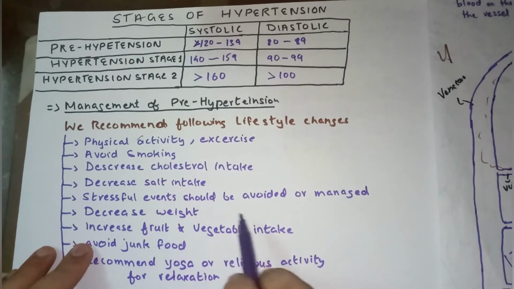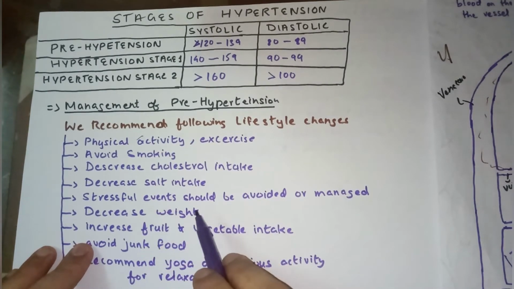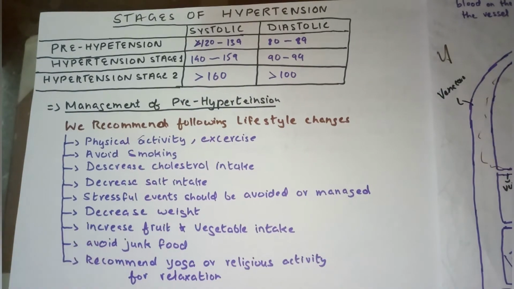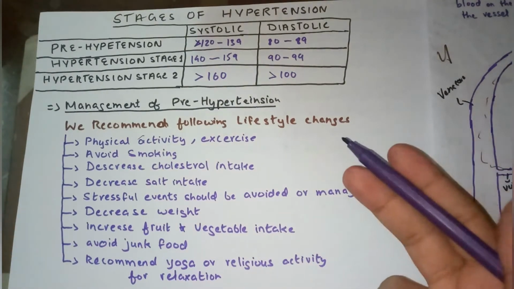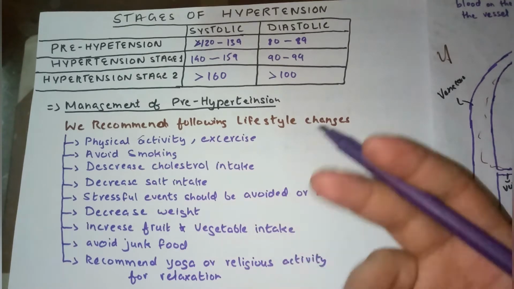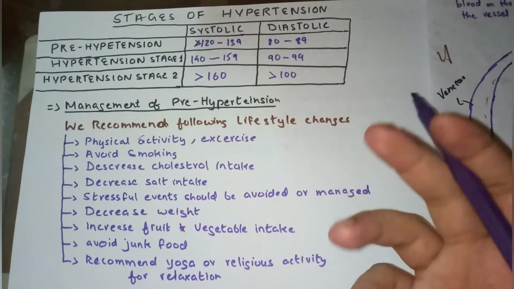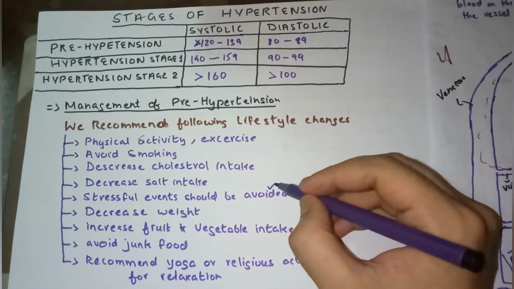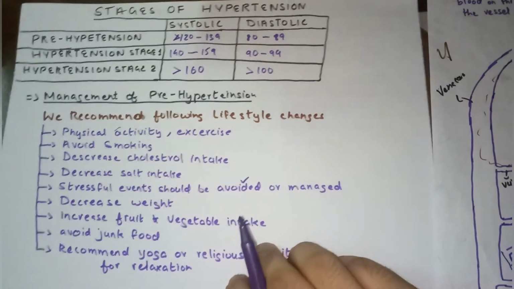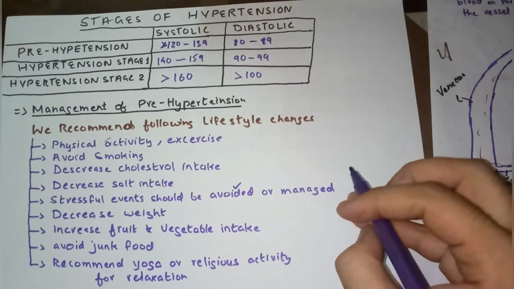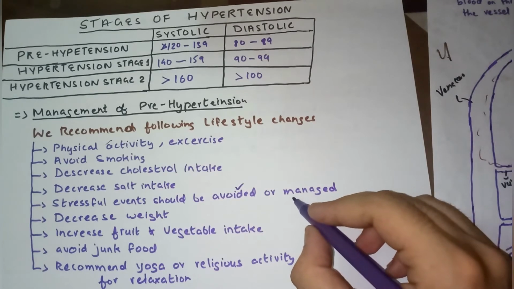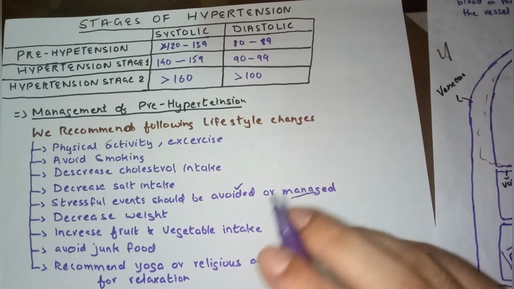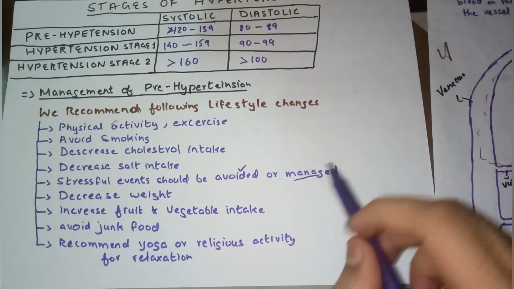And stressful events should be avoided or managed, because if he is more stressed, then there will be more secretion of epinephrine, and epinephrine will cause more contractility and increase the heart rate. Avoiding is best if someone can avoid, but it is also written as managed, because sometimes a person cannot avoid the stressful event, but he has to manage it.